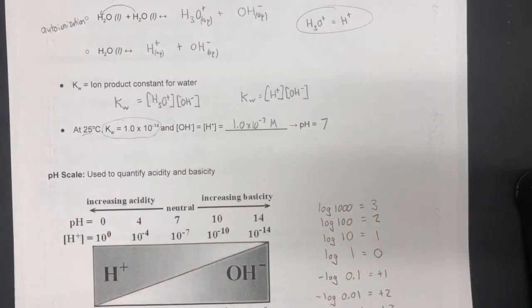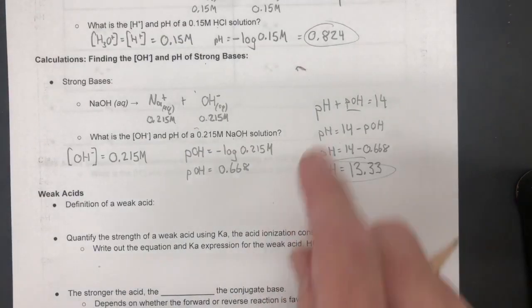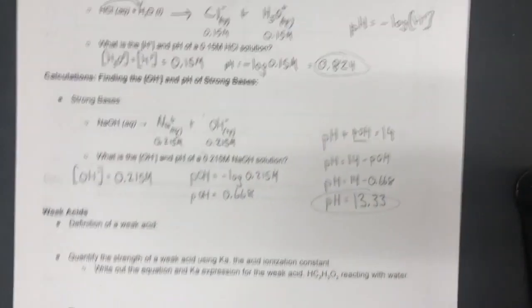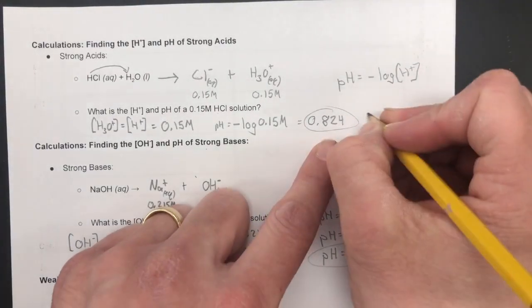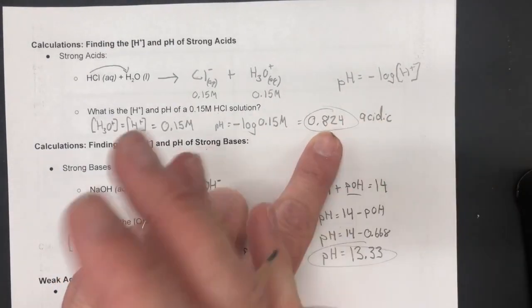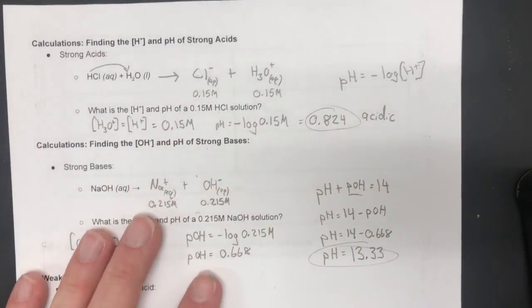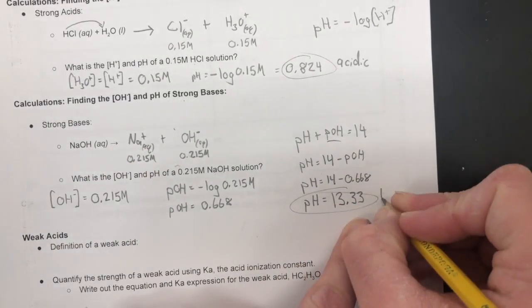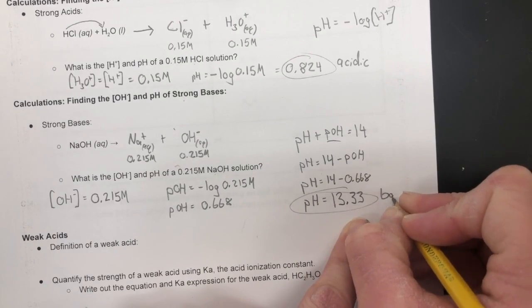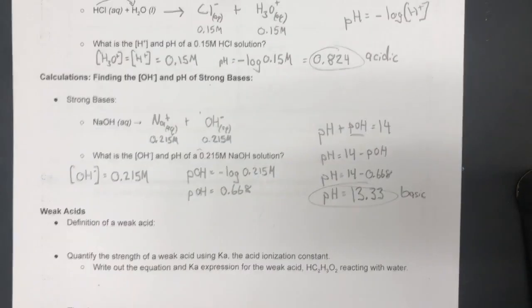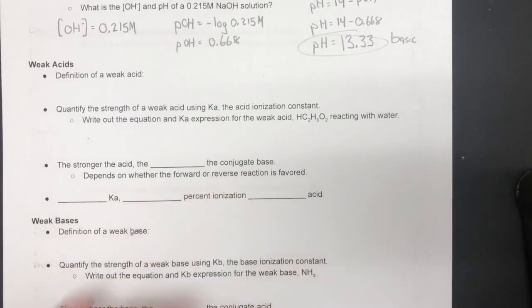So on our example, from the first calculation, this is really quite acidic because we're getting close to that 0 number. And this one is really quite basic because we're getting close to that 14 number. And we'll go through weak acids and weak bases a little bit later on in class.